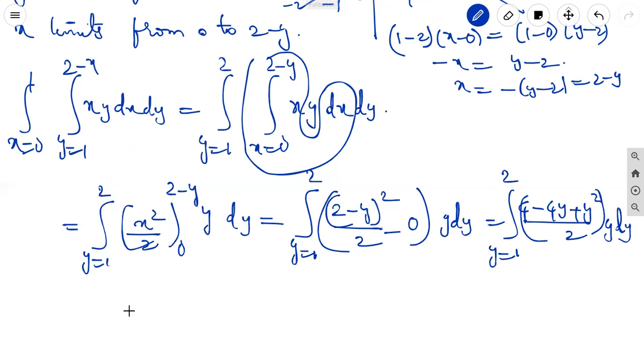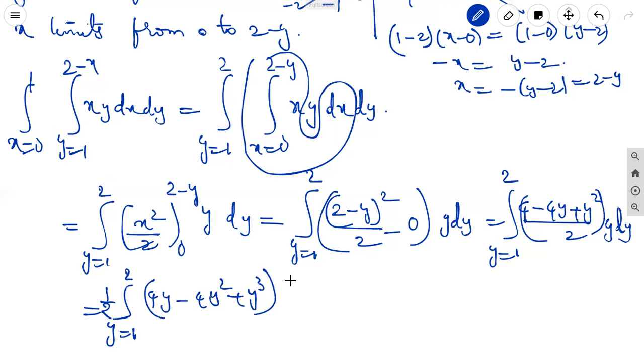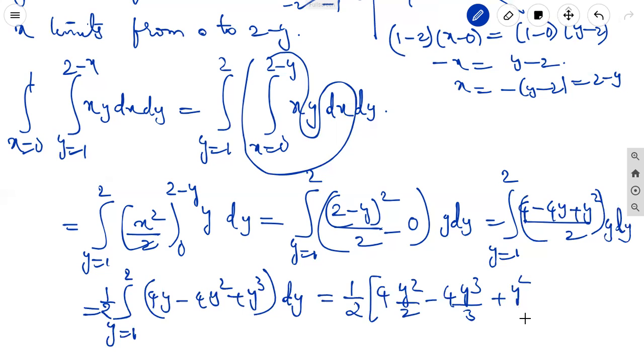Now we multiply with y: the integral y from 1 to 2, 1 by 2 outside, of 4y minus 4y square plus y cube dy. Now we integrate 1 by 2. 4y integrates to y square by 2, minus 4y square integrates to y cube by 3, plus y cube integrates to y power 4 by 4, limits from 1 to 2.